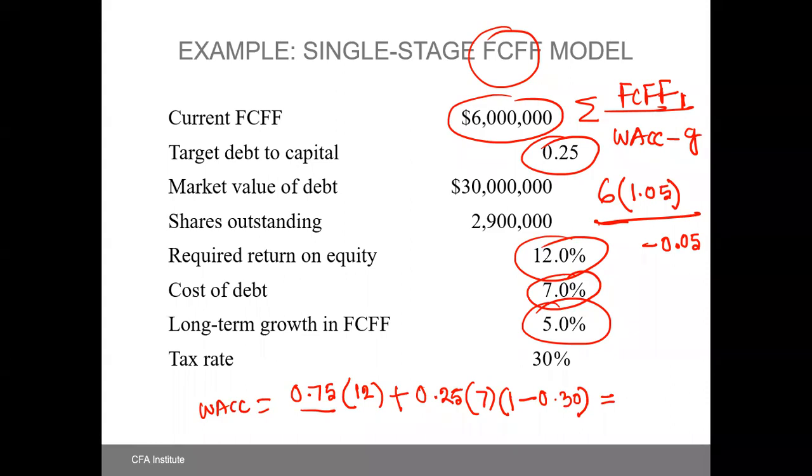So, 10.225%. 10.225%, so we can safely use this one. So we are taking here 0.1023. Can you ask your calculator again to estimate the value of this firm under this scenario?